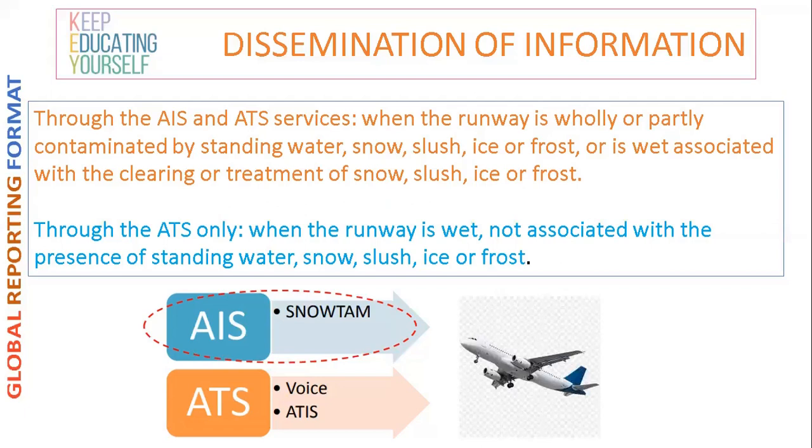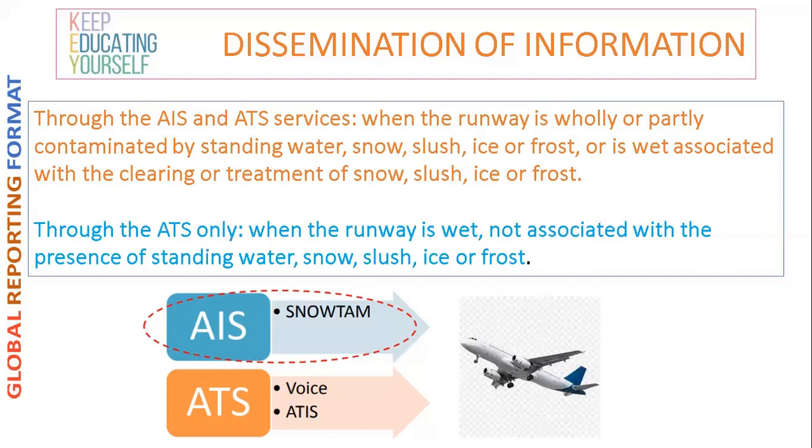So that is one part. First, suppose the runway is wet, only wet. All 3 parts are wet and it is not associated with standing water, snow, slush, ice or frost. This information will be given by the assessor, the inspector, to ATS only. And ATS, the air traffic controller, will broadcast it using ATIS, CPDLC or voice communication.